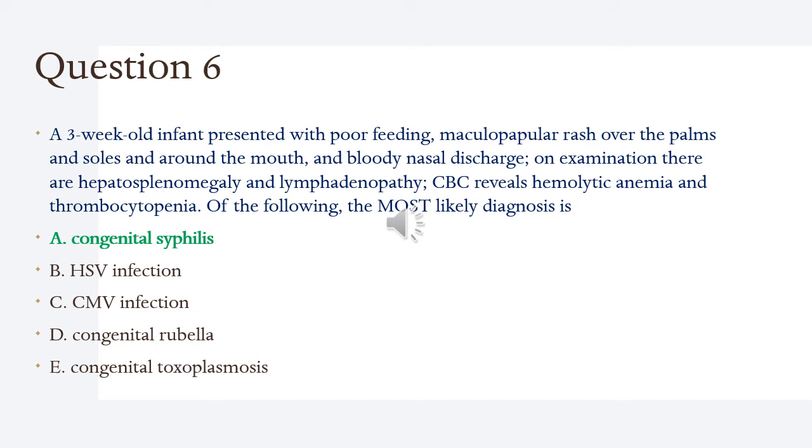All are features of congenital syphilis, and if any of you has seen a baby with congenital syphilis before, you will find these typical features. Cytomegalovirus, as we said before, microcephaly, periventricular calcification; congenital rubella with cataract; congenital toxoplasmosis with hydrocephalus and diffuse cortical calcification.